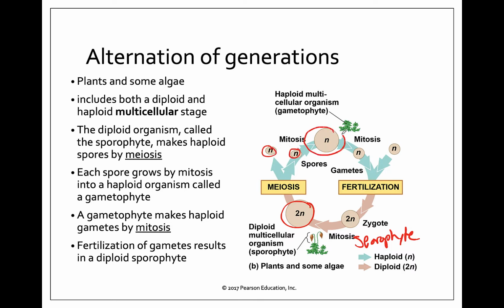And then they actually have a haploid body called a gametophyte, which is then going to create haploid gametes. So this would be the eggs or the sperm. You'll go into this alternation of generations in a lot more detail in Biology 2, but as far as Biology 1, what you really need to know is that animals only have a multicellular diploid stage, whereas plants have a multicellular haploid and diploid stage. So they have two multicellular bodies.